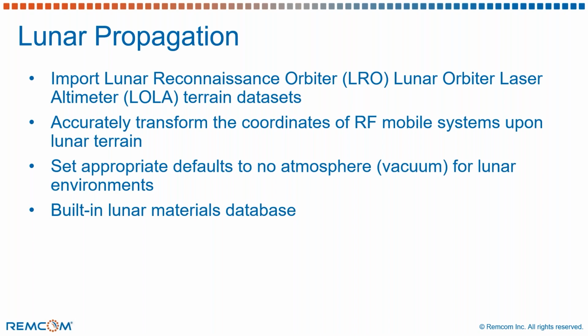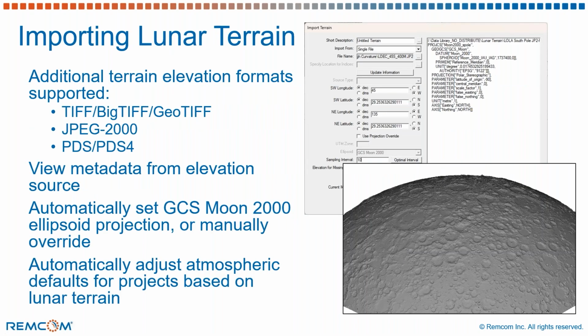It sets appropriate defaults so that there's no atmosphere in a lunar scenario. So when Wireless InSite senses that you are using lunar data, when the reference sphere is no longer Earth, it's the moon, then the temperature, pressure, humidity are set to 0, 0, 0, vacuum, automatically. And then we have a built-in lunar materials database.